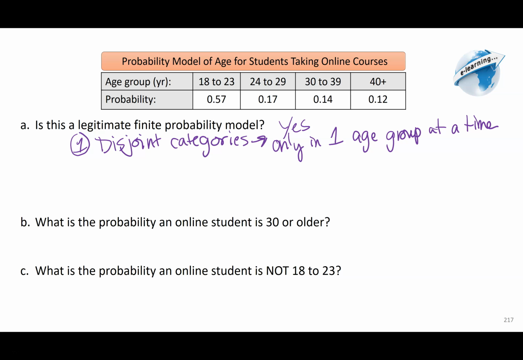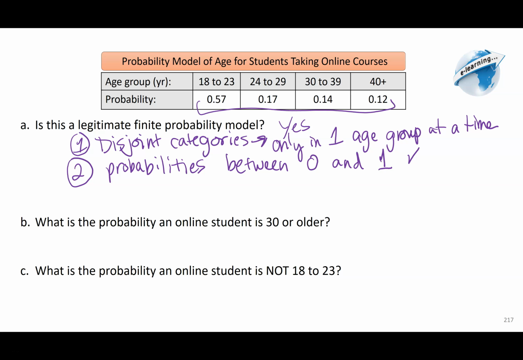They can't. 2, probabilities are between 0 and 1. So all of these are between 0 and 1. And then 3, sum of the probabilities. So when you add them all up, it is equal to 1.